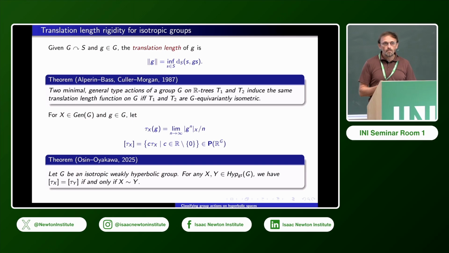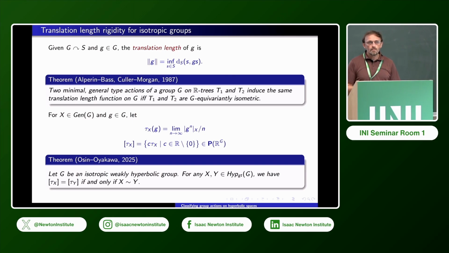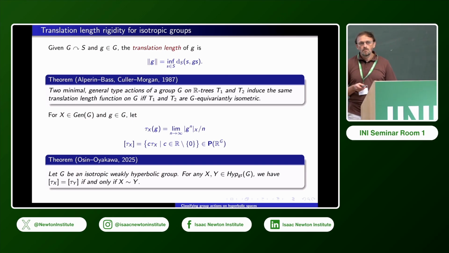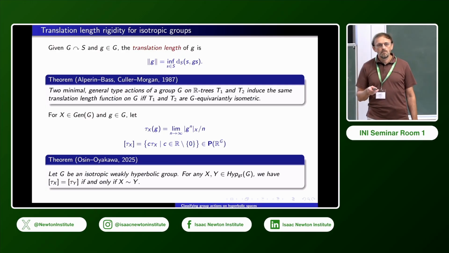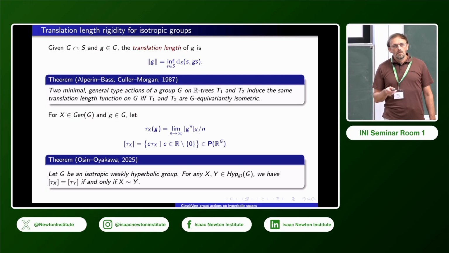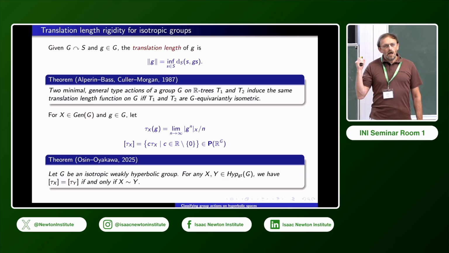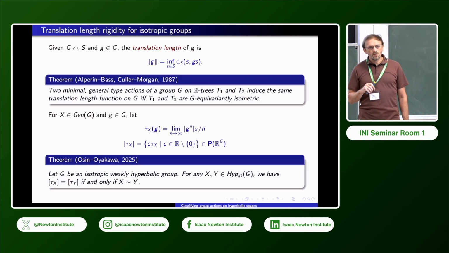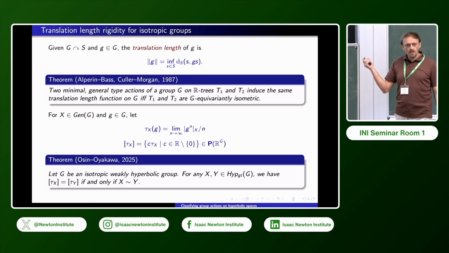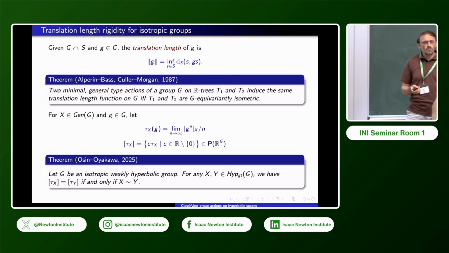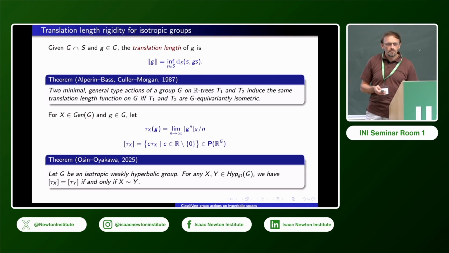Is this the analogue of the result about equivariant isometry? Yeah, you have a similar result for actions, if that's what you mean. Yes, in our paper, the same result is stated for actions, and this is just a corollary.